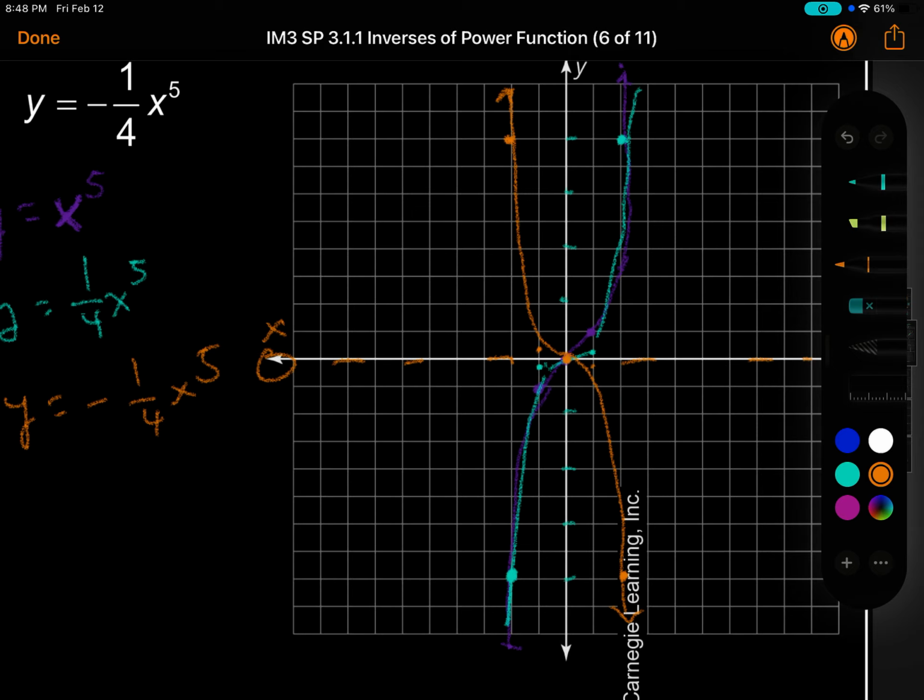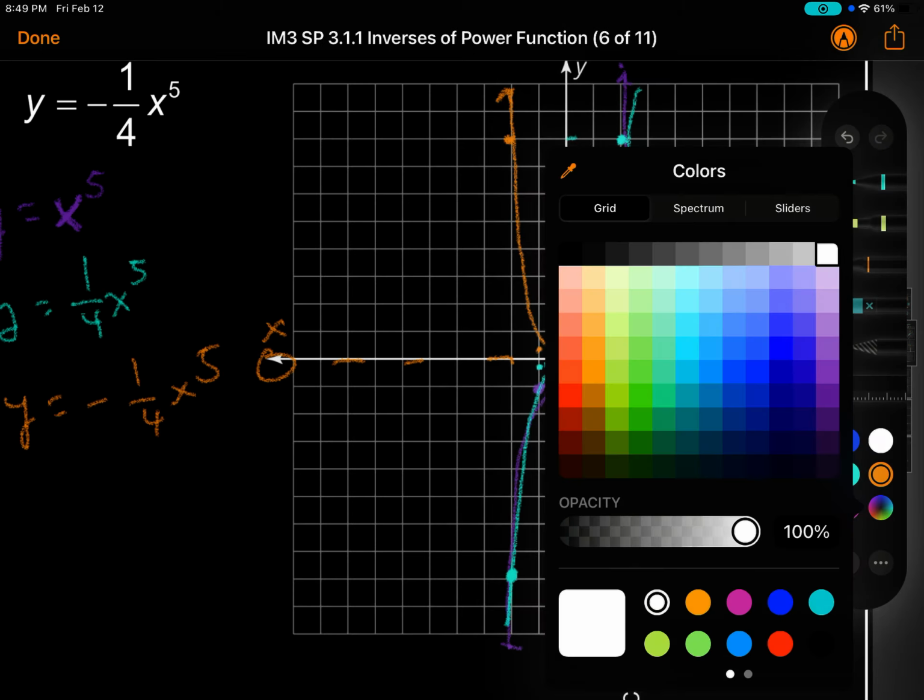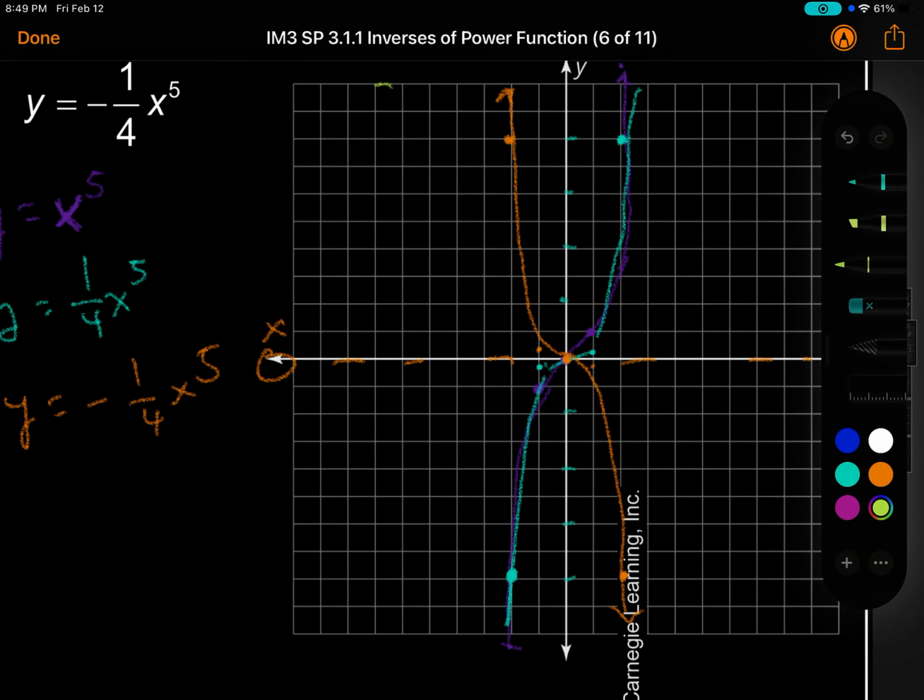Okay, now we need to apply the rotation of the orange 90 degrees towards the left. Okay, so what's going to happen is my graph is going to be like this now.